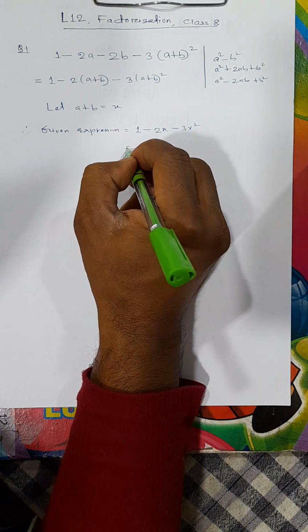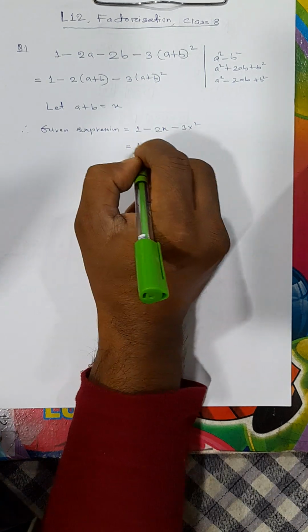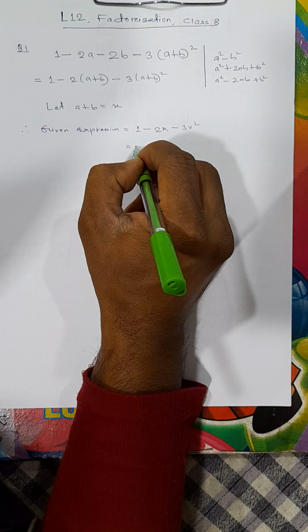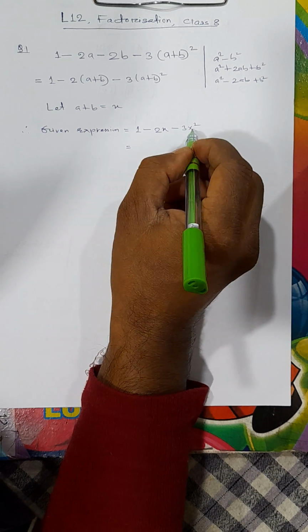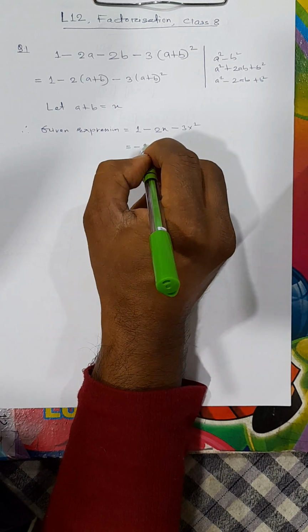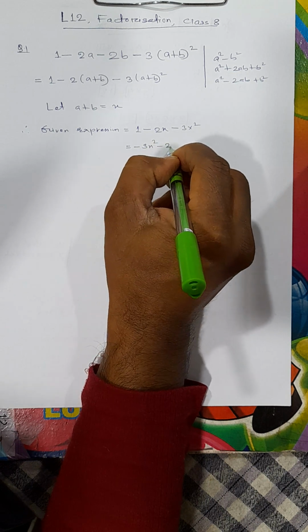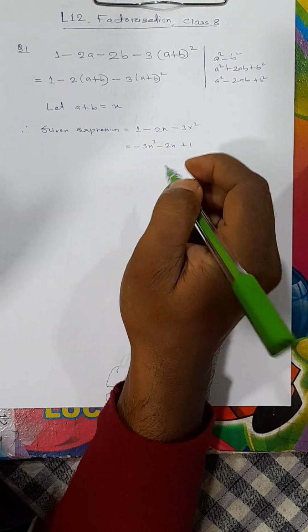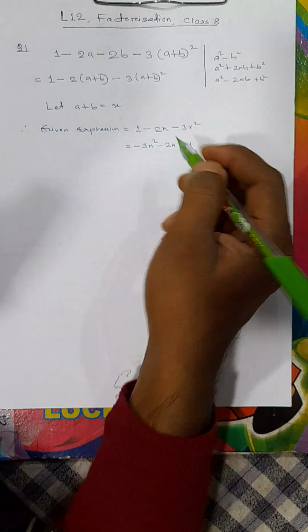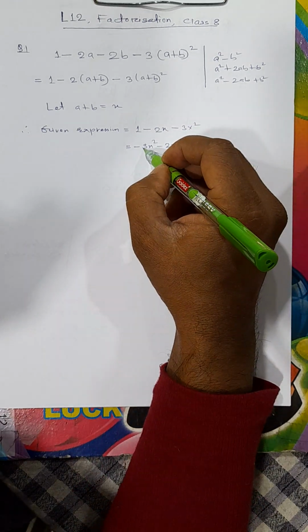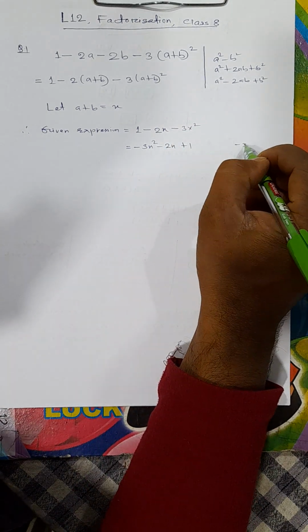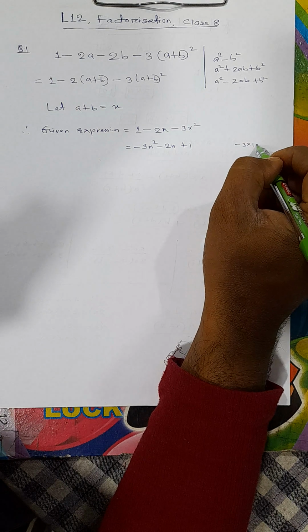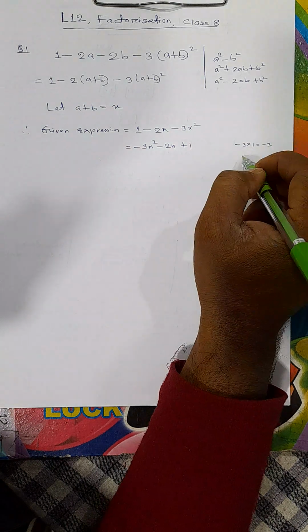So we can write it in reverse order: minus 3x square minus twice of x plus 1, right? Now the product of this coefficient and 1 is minus 3 multiplied by 1, equal to minus 3.